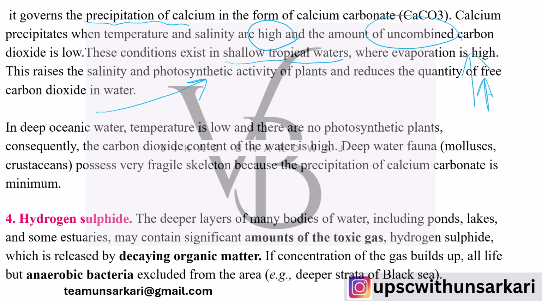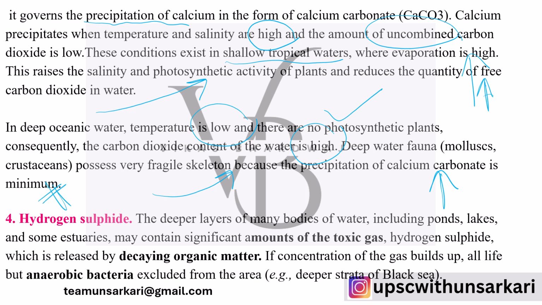But in deep oceanic water, the temperature is low, there are no photosynthetic plants, and the carbon dioxide content of water is very high. So deep water fauna like mollusks and crustaceans possess fragile skeletons, because the precipitation of calcium carbonate is minimal there.